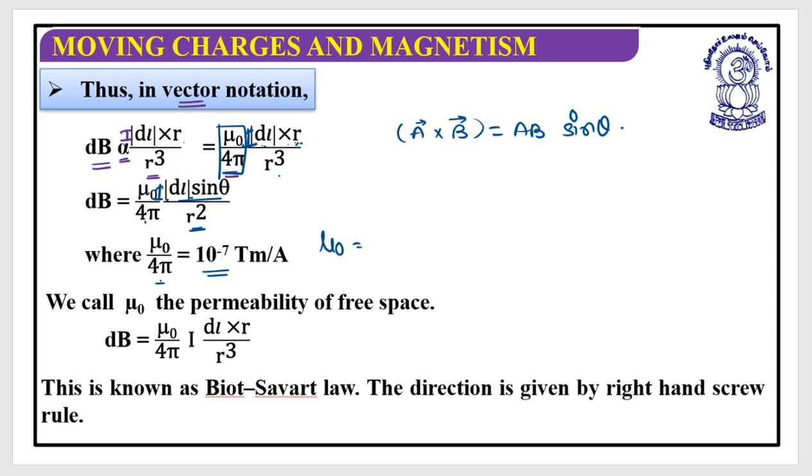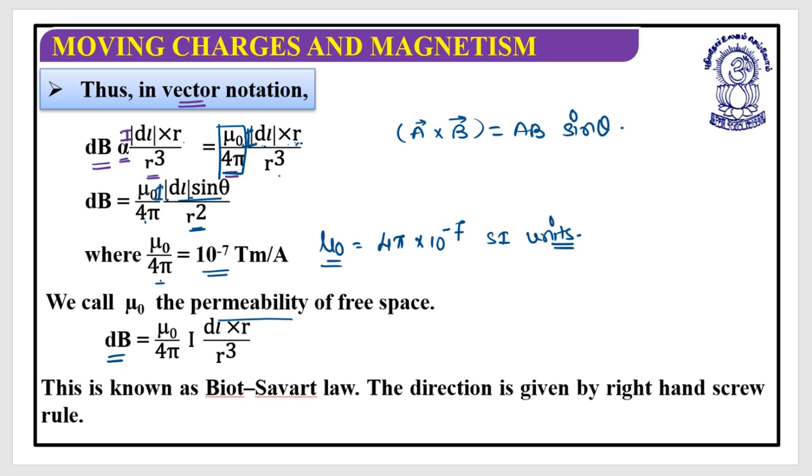In real sense, mu naught is a constant whose value is 4 pi into 10 to the power minus 7 in SI units. You can determine its units, it's very simple. Mu naught is called the permeability of free space. I hope this is clear.